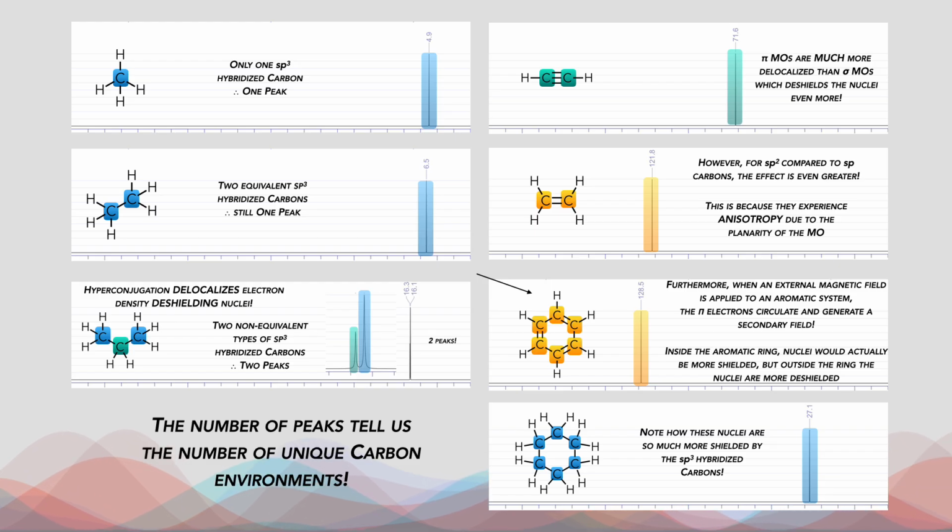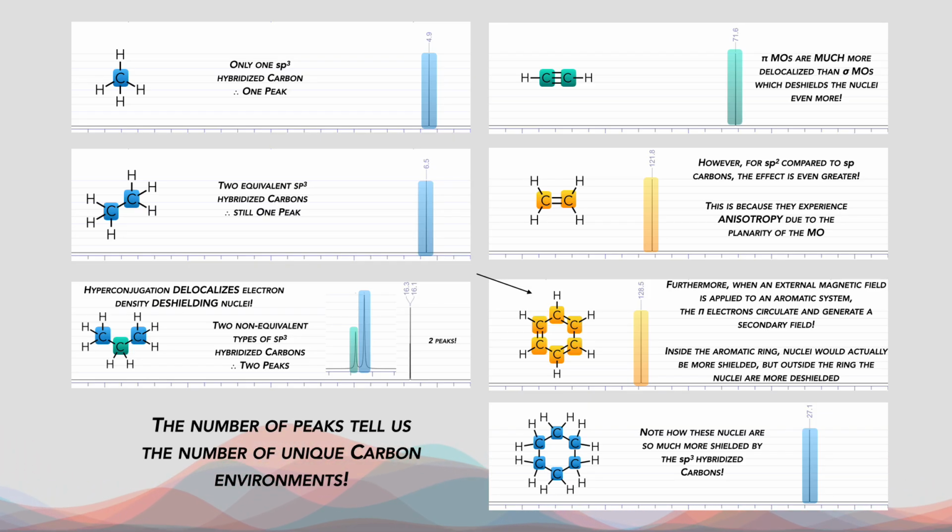Now, the first major idea in carbon NMR is that the number of peaks corresponds to the number of unique carbon environments. Equivalent carbons generate the same signal because they experience the same electronic environment. As we move from simple sp3 carbons into more delocalized systems, the electronic environment changes dramatically.